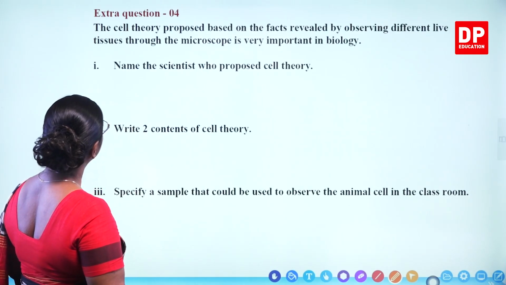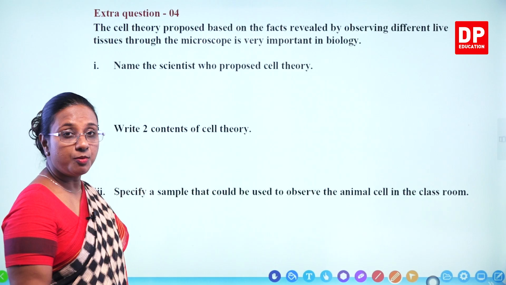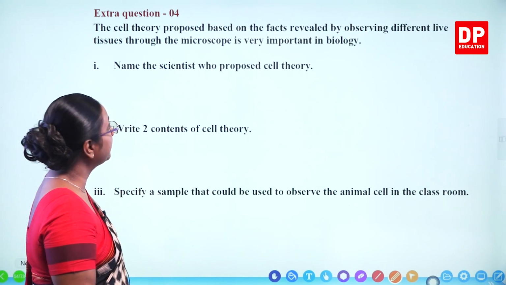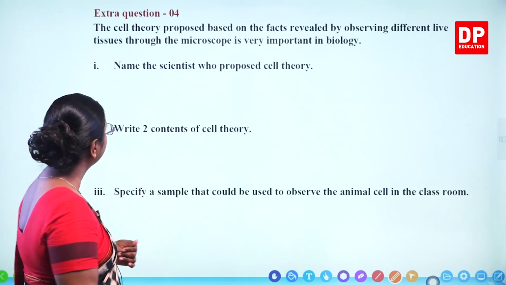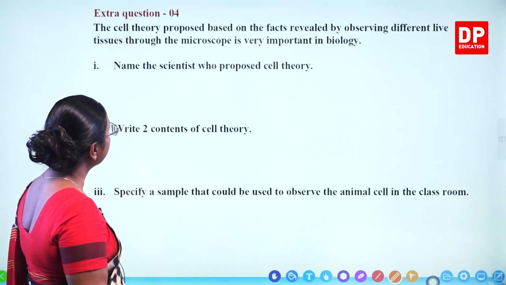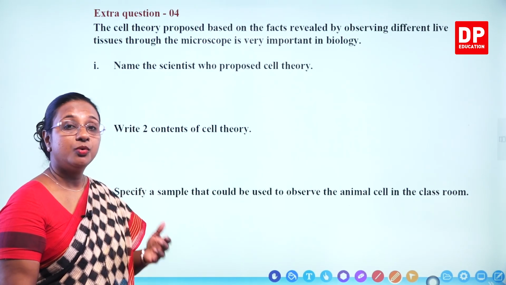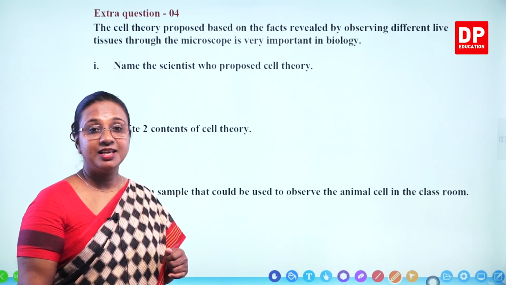Extra question 4. The cell theory proposed based on the facts revealed by observing different live tissues through the microscope is very important in biology. That you already know. Name the scientist who proposed the cell theory. Who are the scientists? I'm sure you know the answer for this.